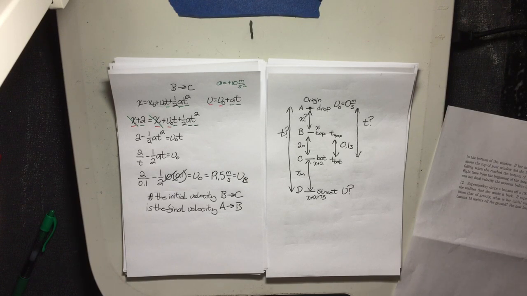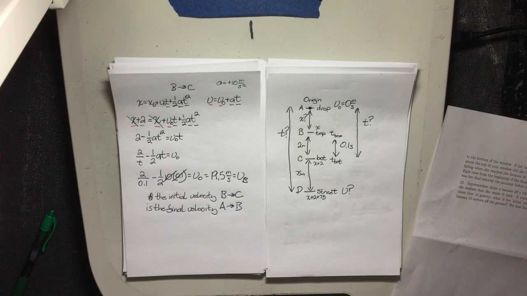Yes. And you should be slightly insulted that I would ask such a dumb question, because you're smart. You're getting it together. You've got to make that connection. The final velocity from A to B is the same as the initial velocity from B to C.